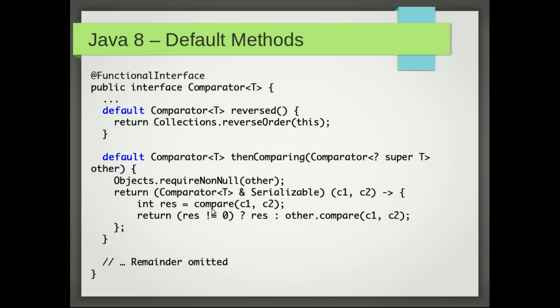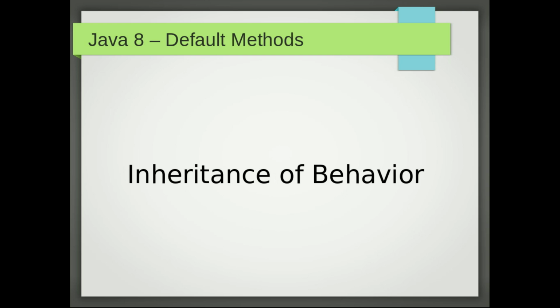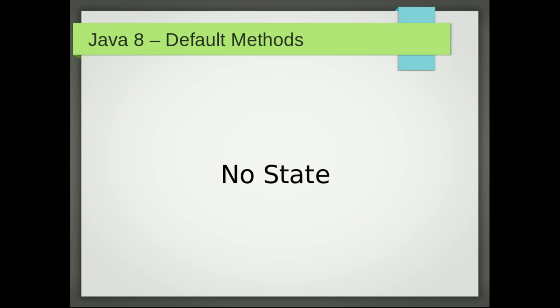Actually, Java did support multiple inheritance before, but it was multiple inheritance of types. Now it supports multiple inheritance of behavior, but that means it's just behavior. So no shared state, which means there is no problem caused by multiple inheritance, unlike C++.